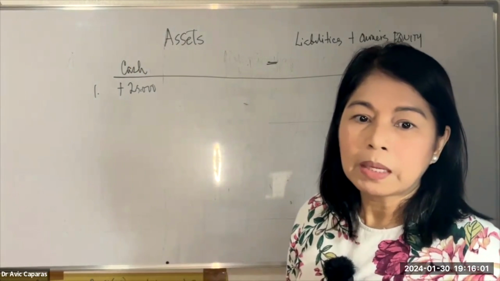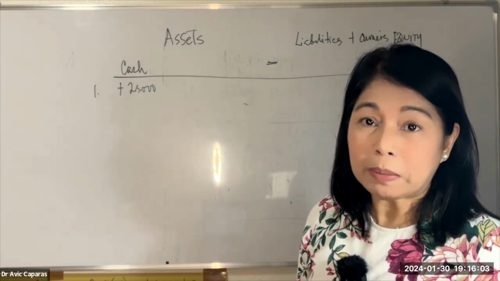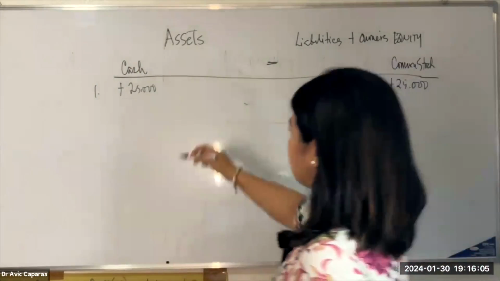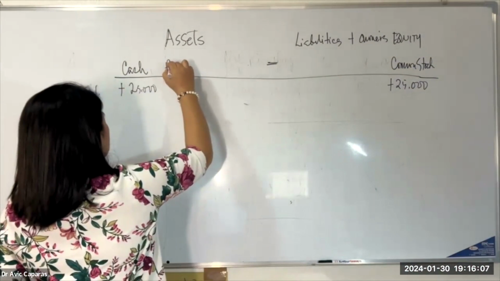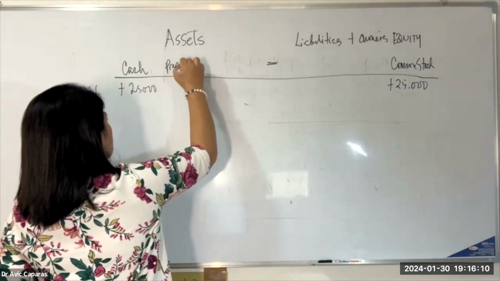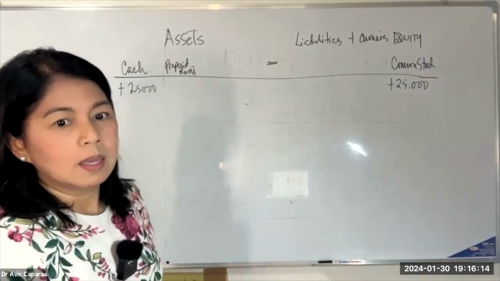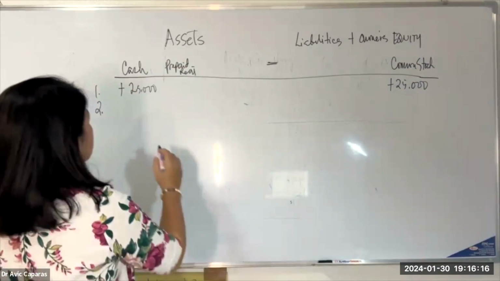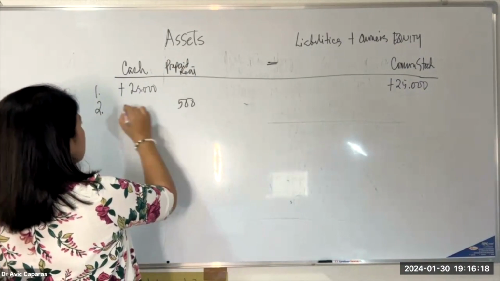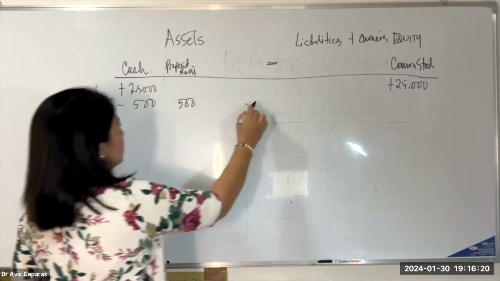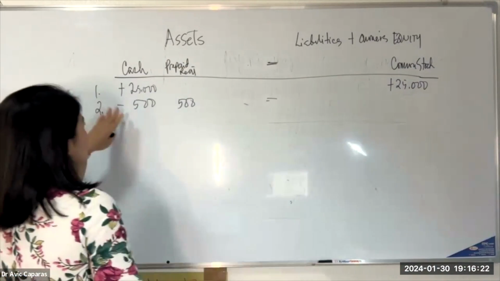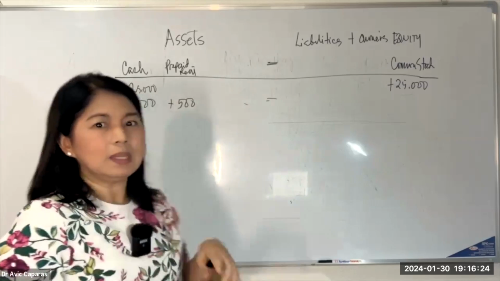Number 2, the month's rent of 500 was prepaid in cash. So this is a prepaid rent. $500, less 500. There is nothing that affects here, minus 500, plus 500. What is prepaid rent again?